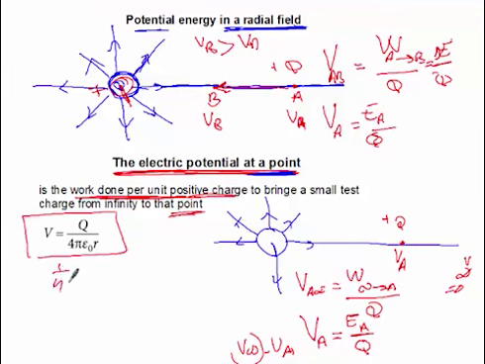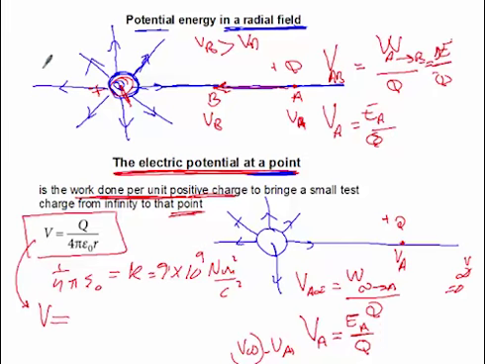As we know, 1 over 4 pi epsilon naught is k, which is 9 times 10 to the 9, in the unit of newton meter squared per coulomb squared. So substituting that, V, the potential at any point within the electric radial field due to a point charge, will be, we take this 1 over 4 pi epsilon naught as k, so we are left with Q over r.